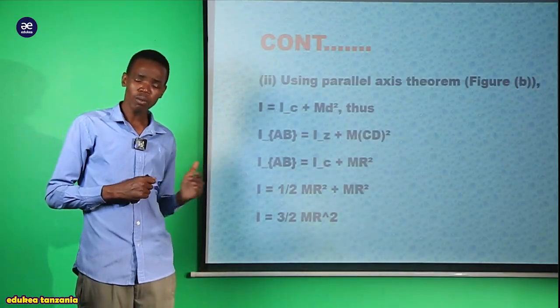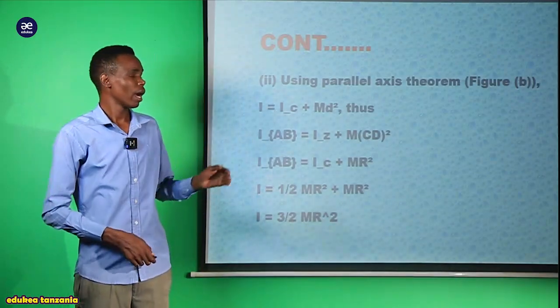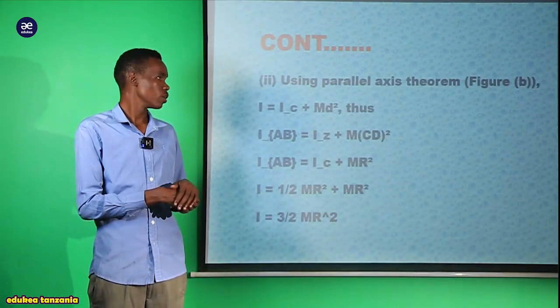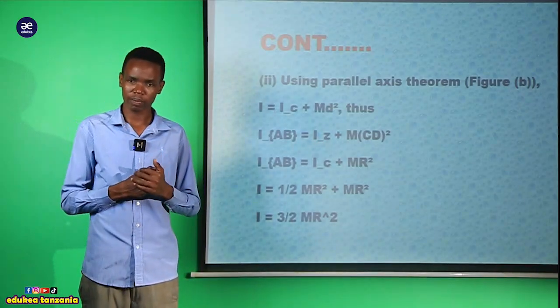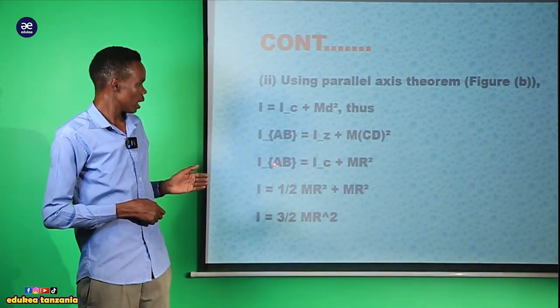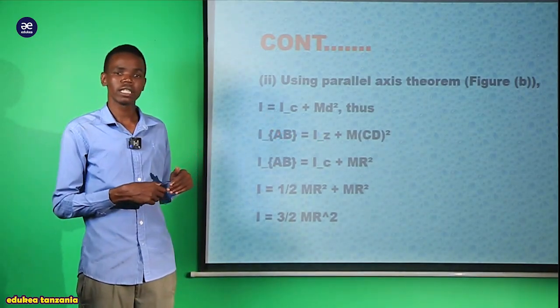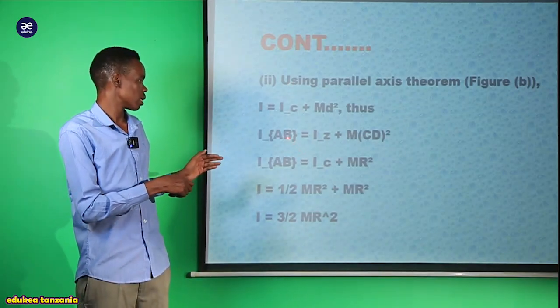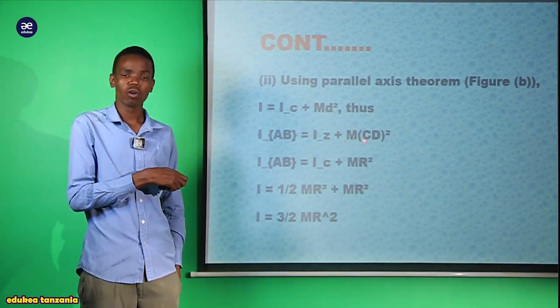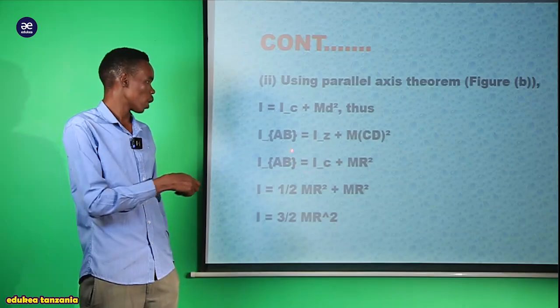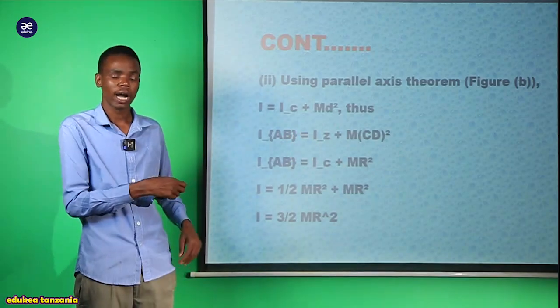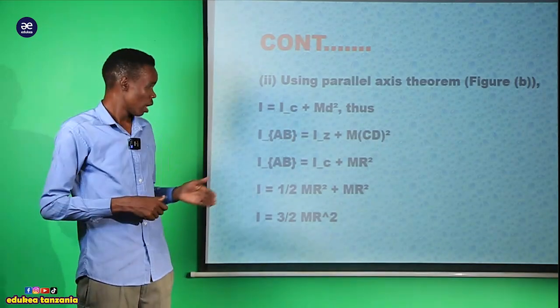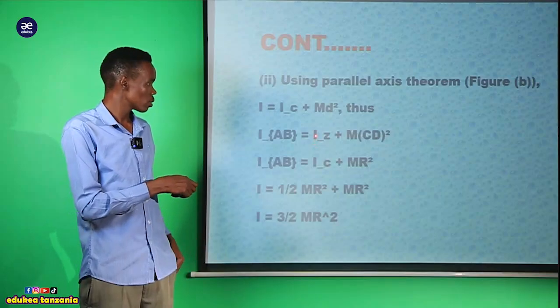So our formula for the parallel axis theorem is I equals Ic plus Md square. Here I represents the moment of inertia along the point AB, and also this equals Ic.